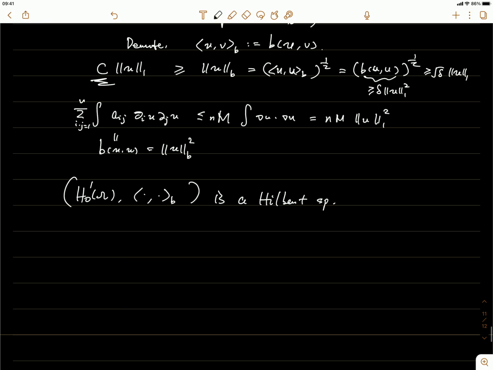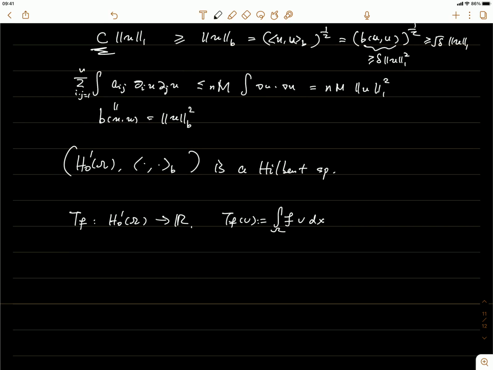Okay, to do that, let's consider again the T_f mapping. It's a bounded linear functional on this H_0^1 space. It is defined by the integral of f v dx.